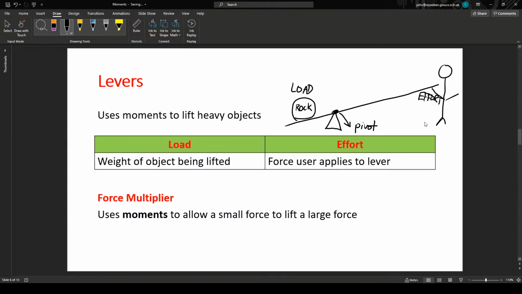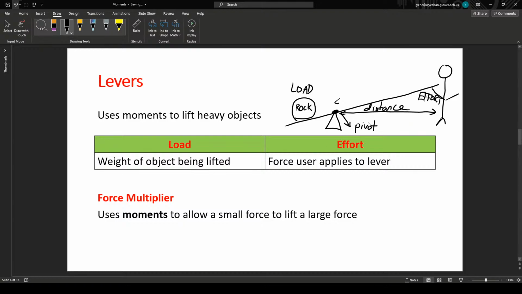So our goal here is to lift this rock. Well, if we were standing super close to the pivot, our turning effect would be super small, so it would be useless. So instead, we have this lever where we're stood at the far end. Our distance to pivot is maximized as possible.